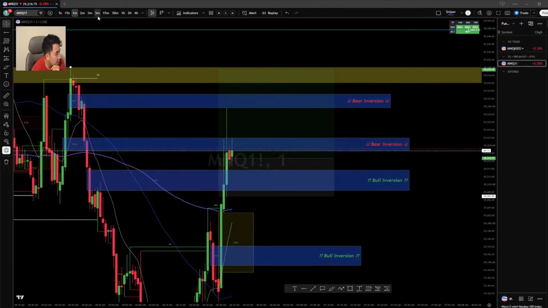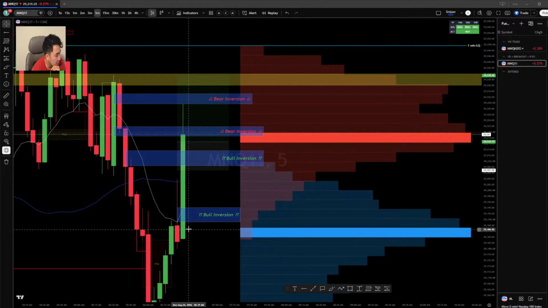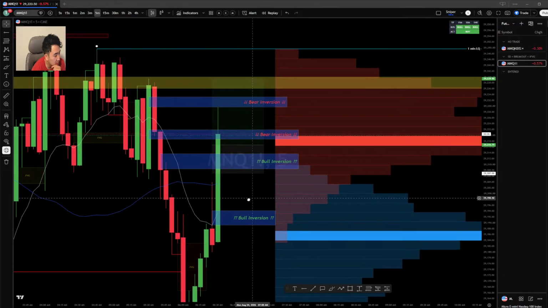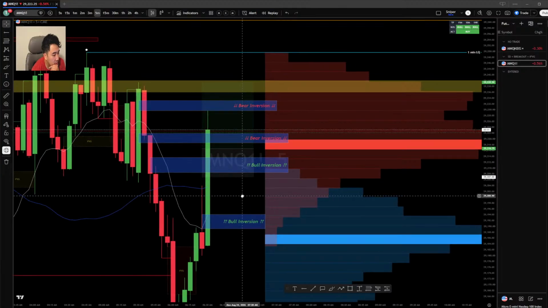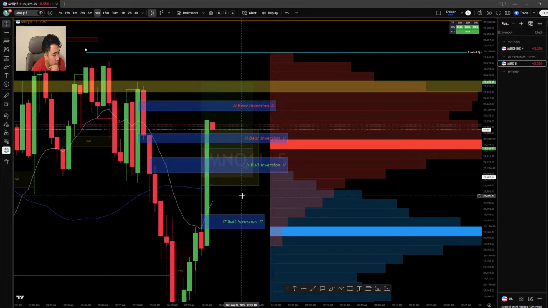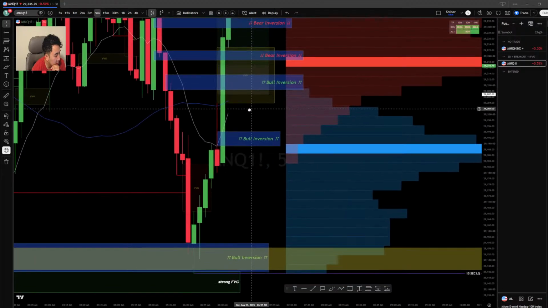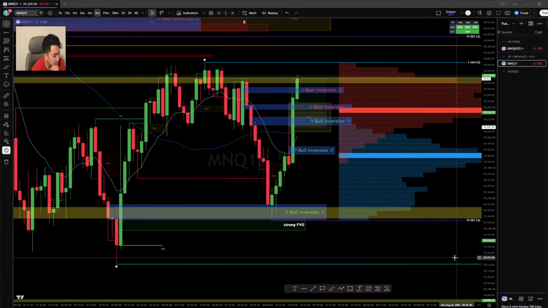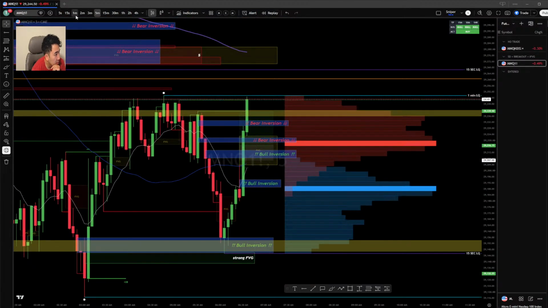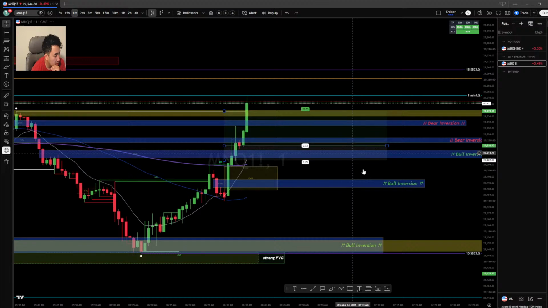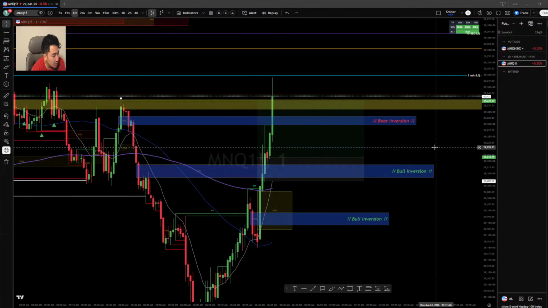I think a 5-minute gap might form after this candle closes. A big push up here, but let's see on the 5-minute. Yeah, this is a 5-minute gap that's forming right now. It looks like price bounced off of this level down here pretty well. All right, so what's closed over this?